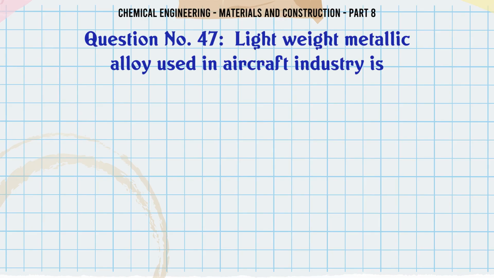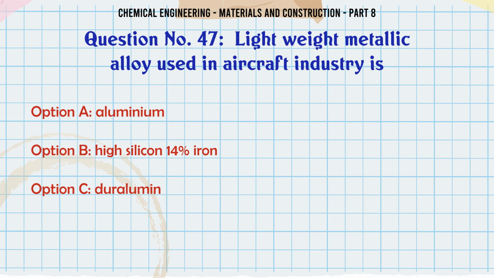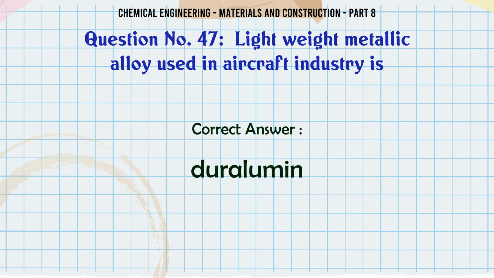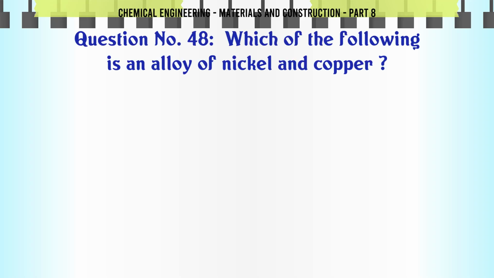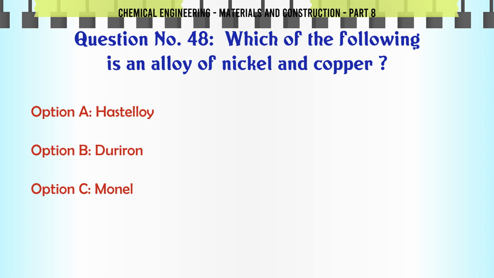Lightweight metallic alloy used in aircraft industry is A. Aluminium, B. High silicon iron, C. Duralumin, D. Phosphor bronze. The correct answer is duralumin. Which of the following is an alloy of nickel and copper? A. Hastelloy, B. Durion, C. Monel, D. Inconel.